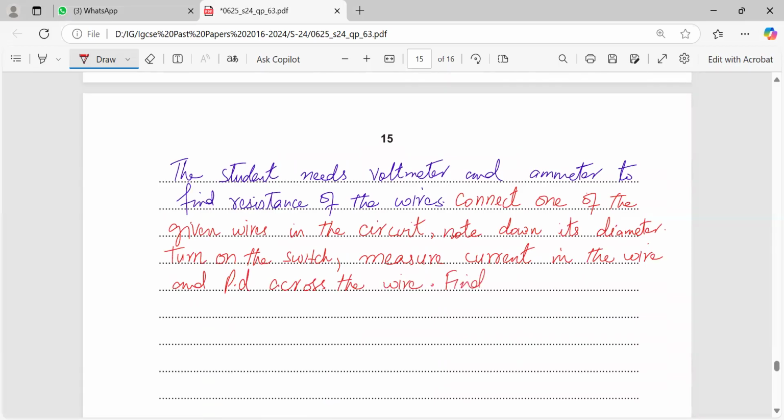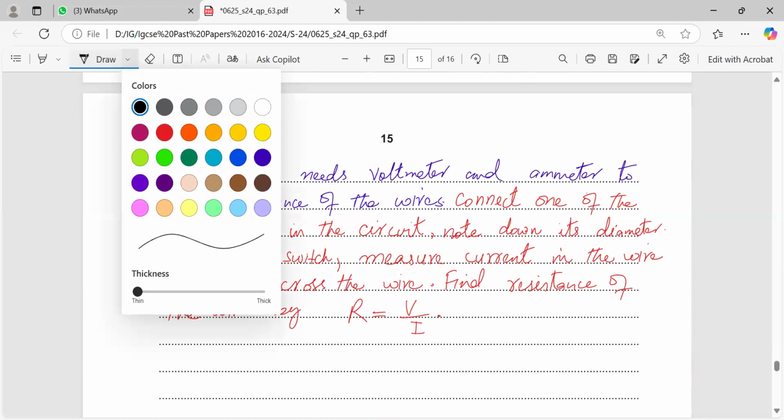Now find the resistance of the wire by R is equal to V over I.